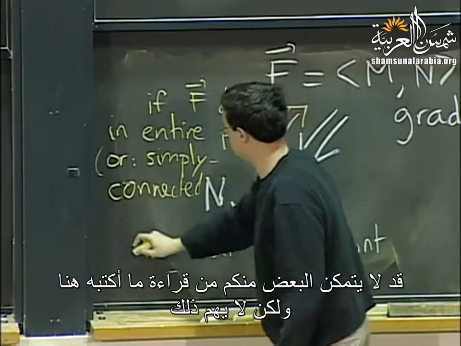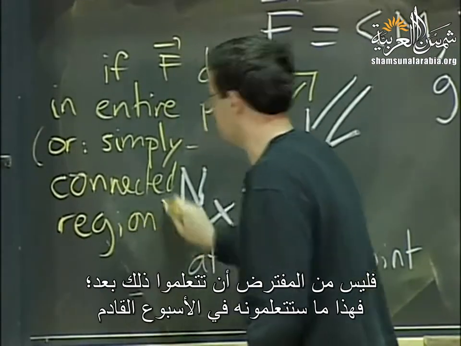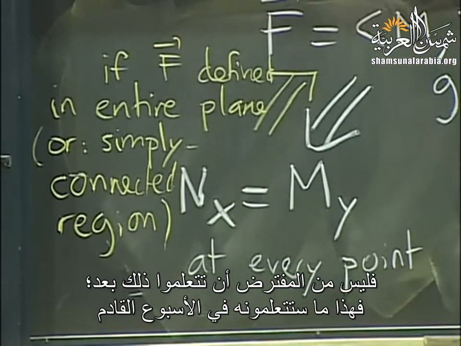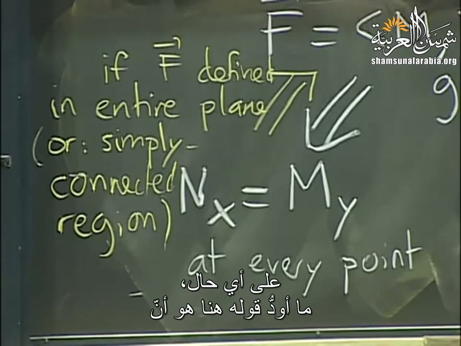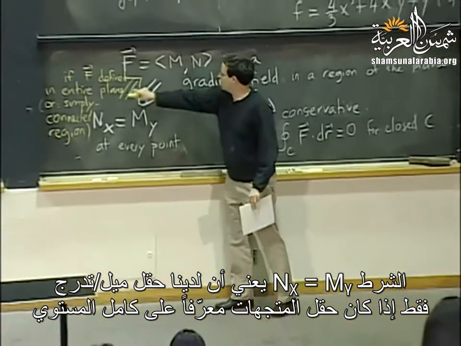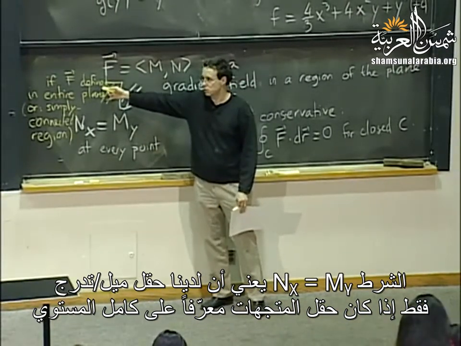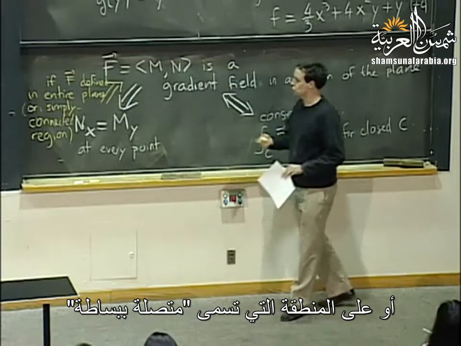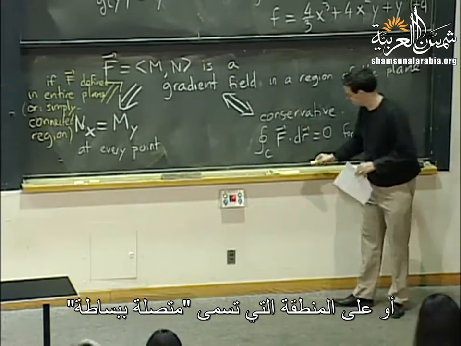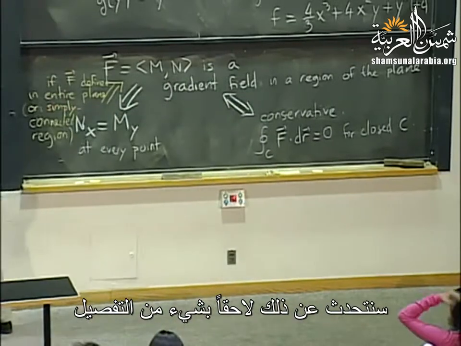Okay, I guess some of you can't see what I'm writing here, but it doesn't matter because you're not officially supposed to know it yet. That will be next week. So the fact that n_x equals m_y implies we have a gradient field holds only if the vector field is defined in the entire plane or in a region that's called simply connected. And more about that later.